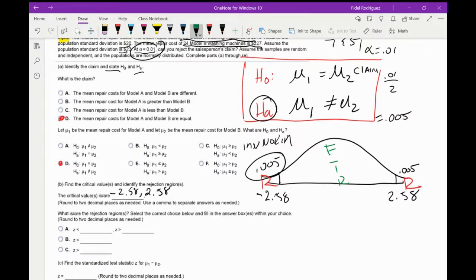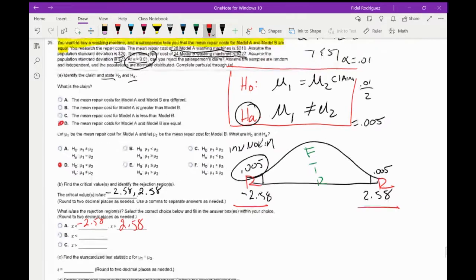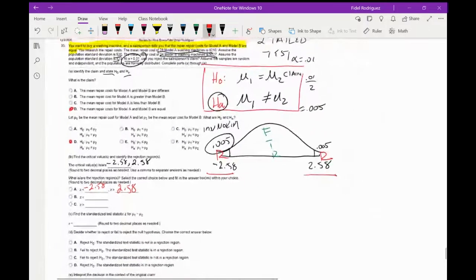So the rejection regions are when we are less than negative 2.58 and bigger than 2.58.